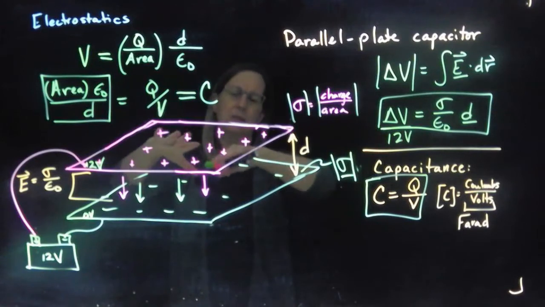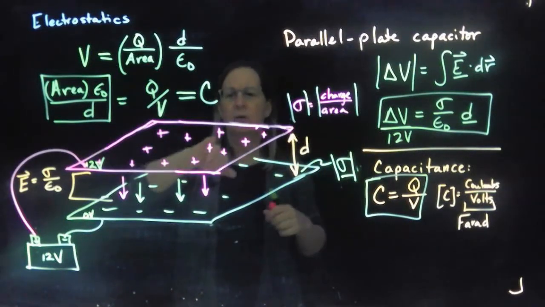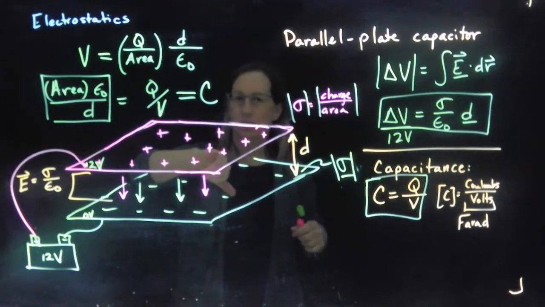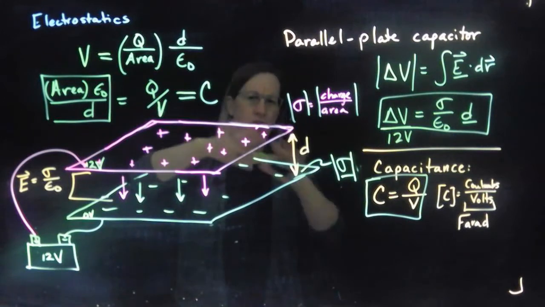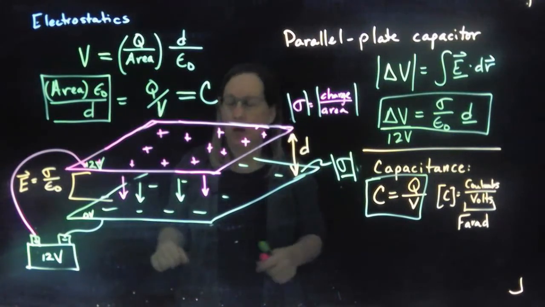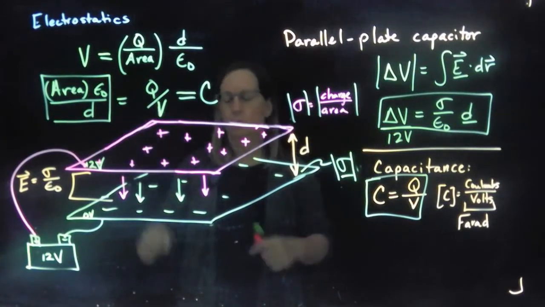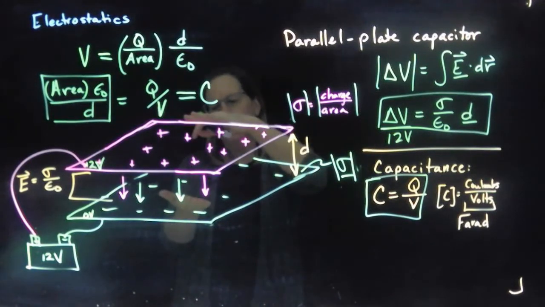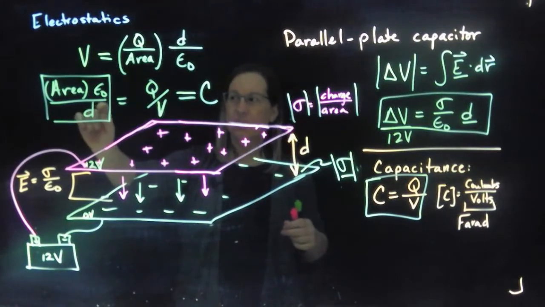Well, it makes sense that if the area is bigger, you've got more room for these charges to hang out, these plus charges that don't like being near each other. That's sort of what limits things here, right? They just can't all sit on top of each other. So if the area gets bigger, it makes sense that you can hold more charges. Similarly, if you get closer together, this D gets smaller, right?